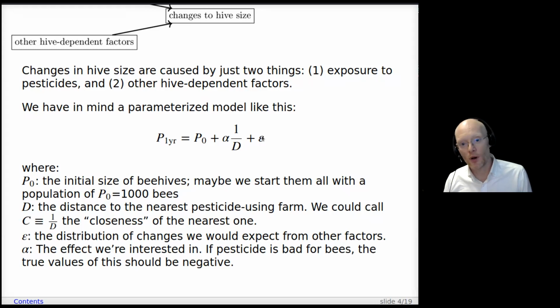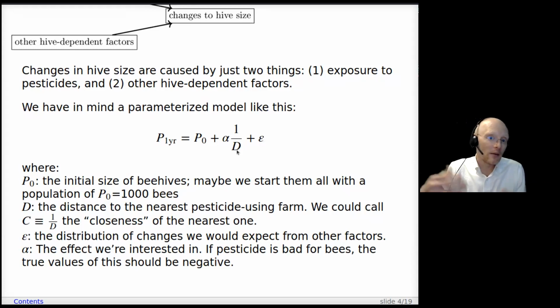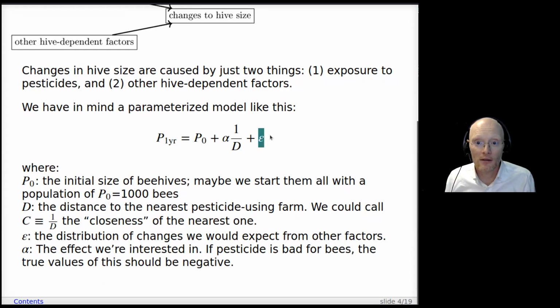In other words, what would happen to a hive if alpha was 0, or if there were no pesticides in play at all? If I just set a number of hives out, each with 1,000 bees on day 0, and had no pesticides involved, then at the end of a year, the hives are all going to have different sizes. Some of them will be a little bit more than 1,000, some might be a bit less, or maybe they all be a bit more. This is going to capture that natural variation in hive population change.